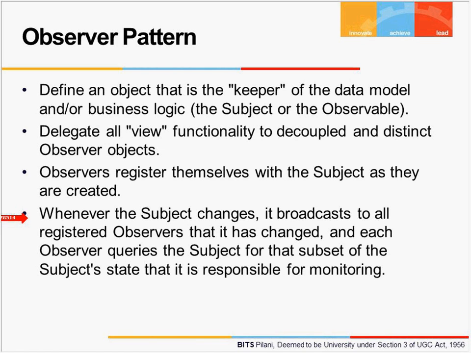Very clearly, it is also called the publisher-subscriber model, right? Subscribers attach themselves to the publisher. The publisher publishes its state, and the subscribers get to know that there's a change in the state.